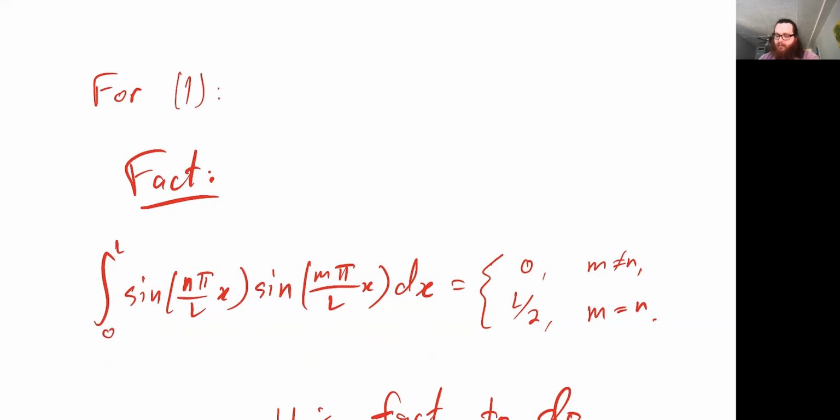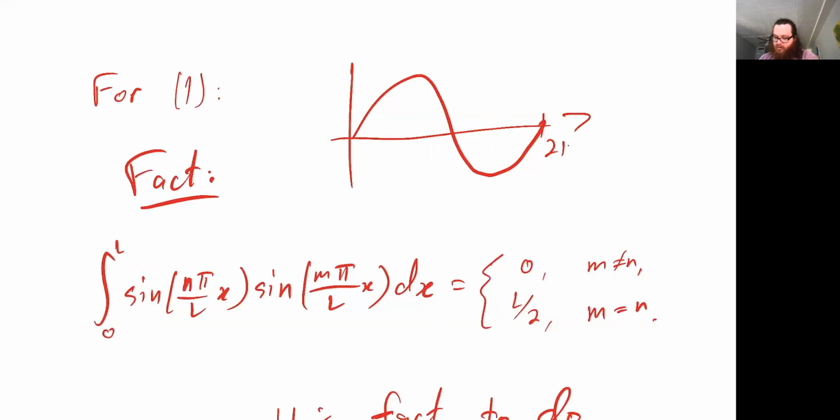Okay. So maybe a picture of the first one is, maybe we have L and L over 2. This is going to be sine of pi over L x. And so what we can do is take another function, but double the period, or I guess half the period.